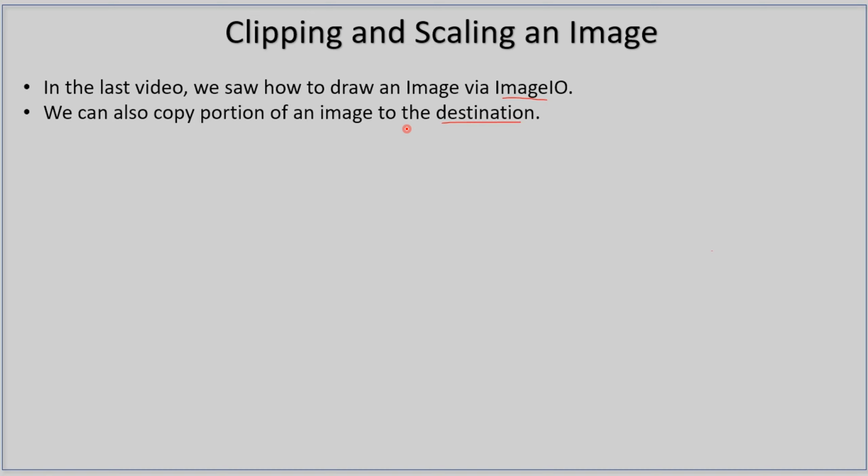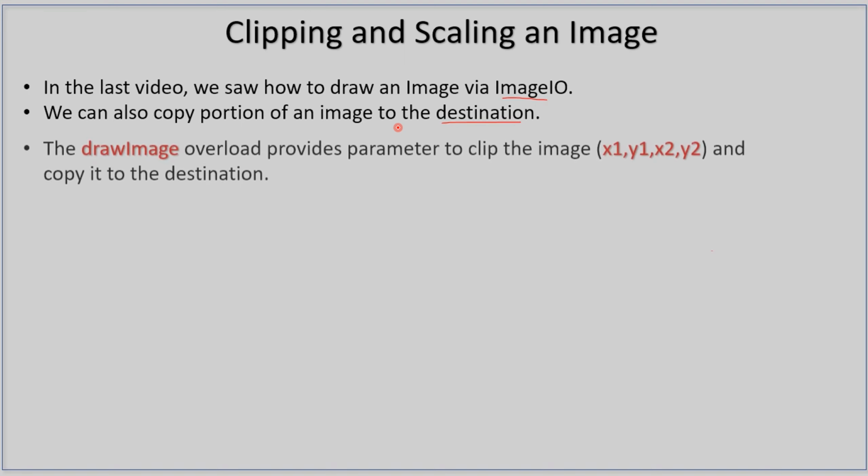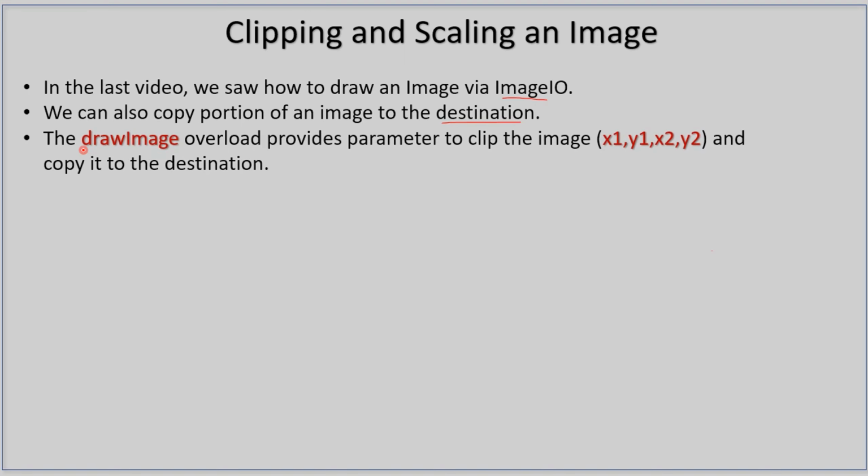So here you can copy even a portion of the image and display that in the destination. So that's also possible with the drawImage API. The drawImage overload provides parameters to clip the image and copy it to the destination.